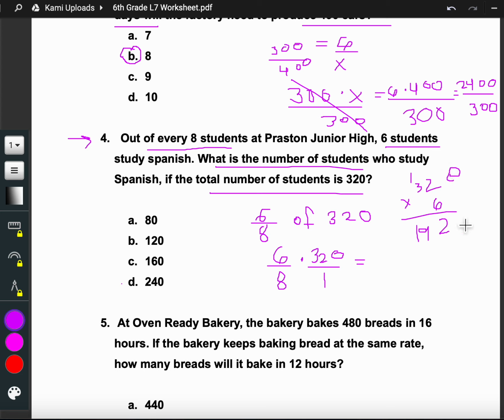If you add the 0 back, it's 1,920 divided by 8. For the time being, I'm going to put it into the calculator, but I highly recommend that you do it manually. So you should get 240. So the answer is 240.